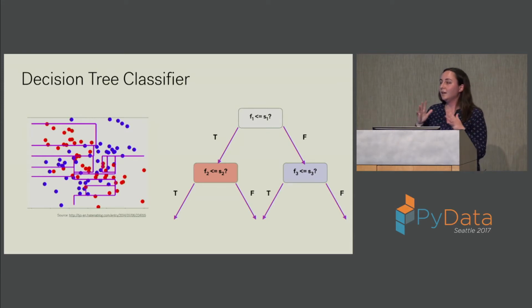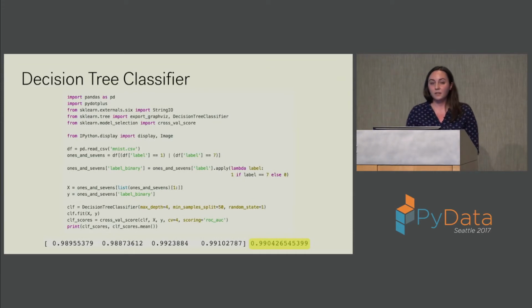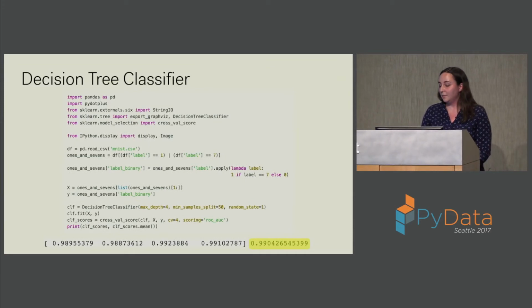It produces basically a flow chart for classifying things into roughly one class or the other. And this is really easy to do in Python using scikit-learn. Here I've just cut the MNIST dataset into just the 1s and the 7s, and I train a model, and I'm actually getting pretty good AUC on this. Probably not as good as I'll get with TensorFlow, but this is decent.